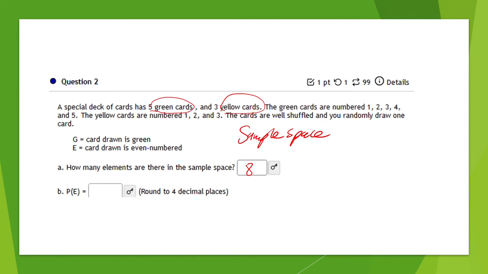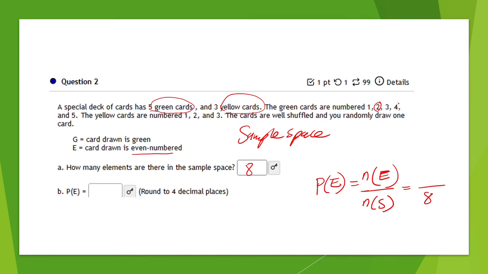For part B, I want to find the probability of E, and E is a card that's an even number. The probability of E is equal to the number of outcomes that have an even number divided by the number in our sample space. I know the bottom number has to be 8 because there's 8 different types of cards. Now, how many elements are there that are even?